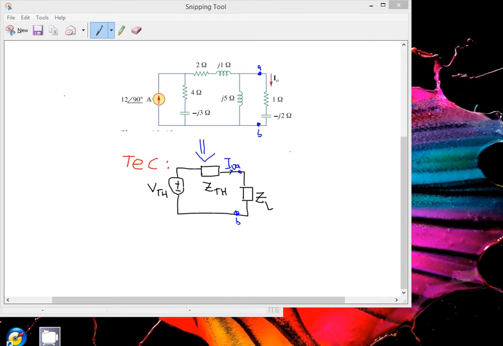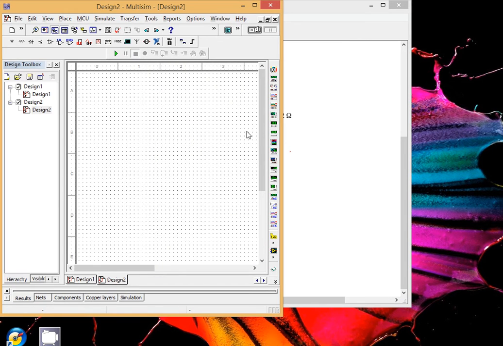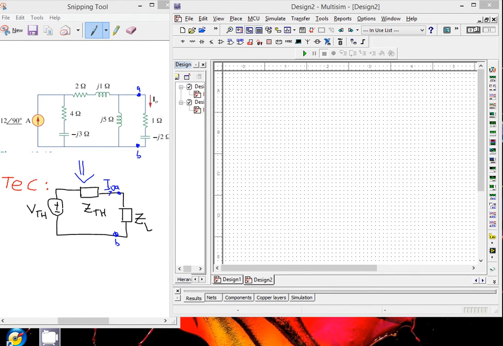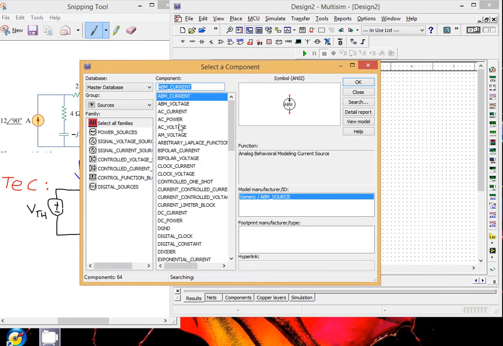You can do so by using Multisim. So first you need to construct this circuit on Multisim. You can get your current source from here. Look for AC current.